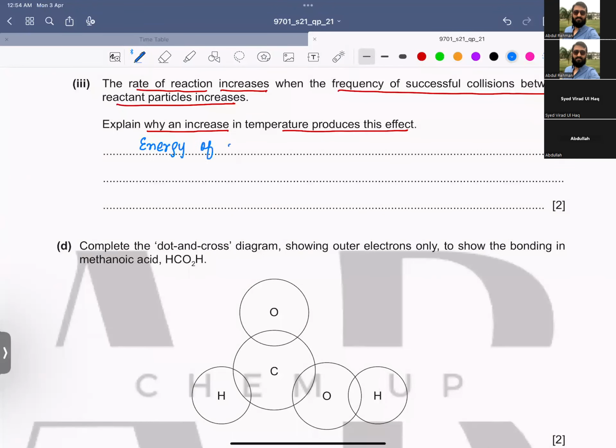Energy of reactant particles increases due to increase in temperature.